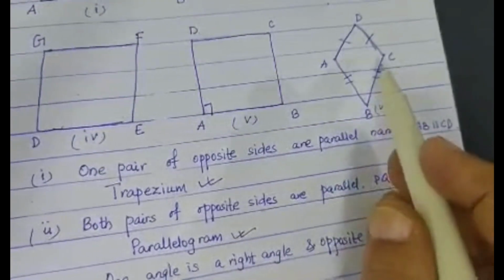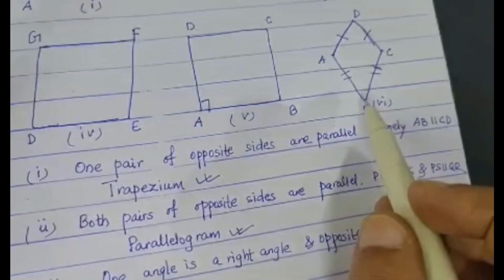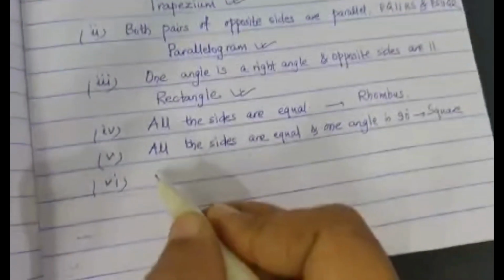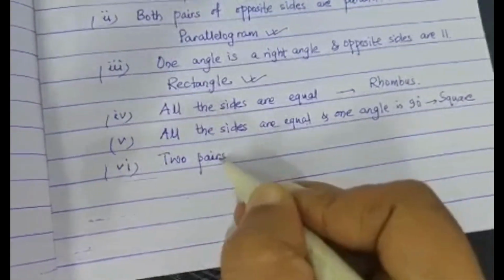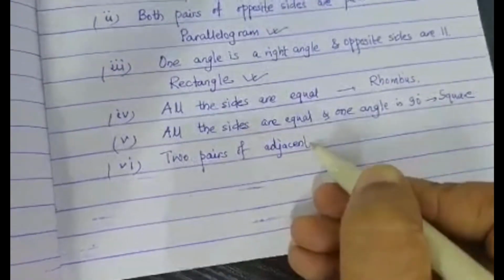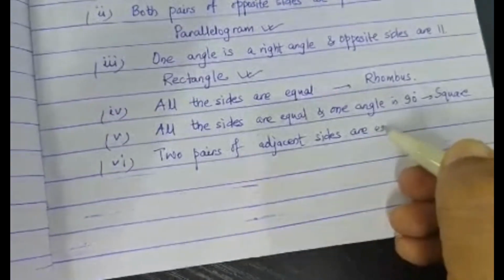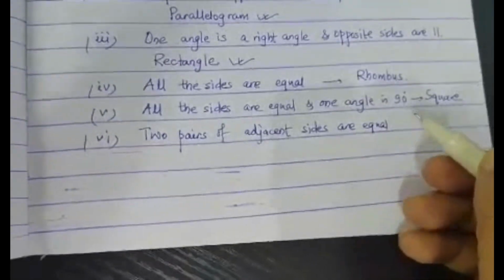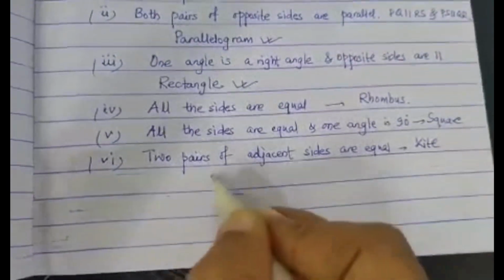All right, two pairs of adjacent sides are equal, then it is called a kite. It is not a parallelogram.